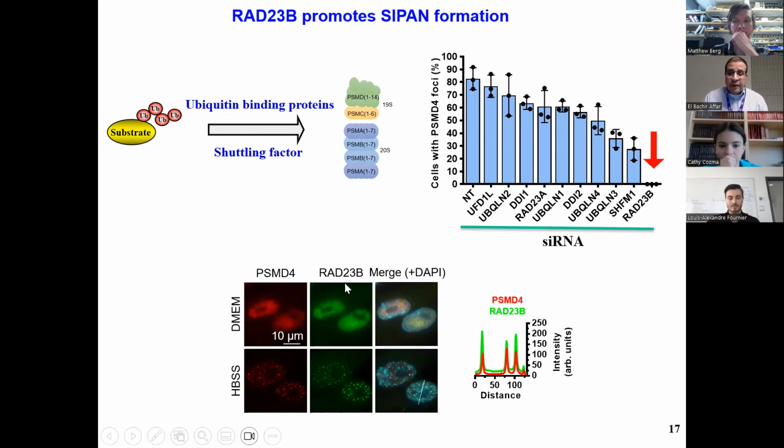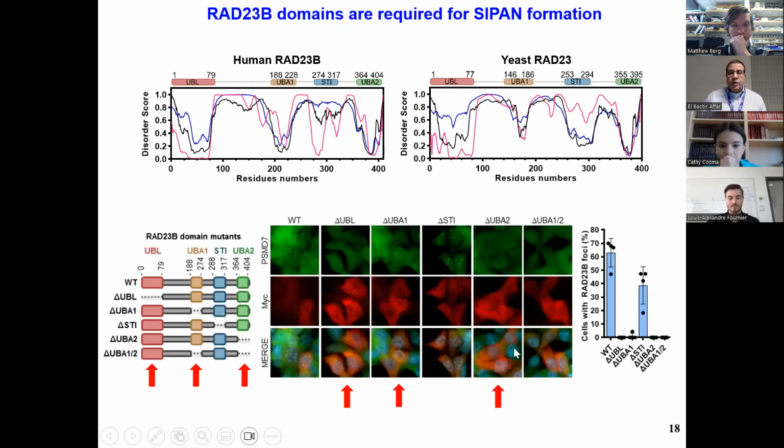And in fact, RAD23B co-localizes nicely with the proteasome in these foci. So we wanted to determine, because RAD23B was a very good candidate for a protein that will promote this phase separation. It has disorganized regions. It has also organized regions.